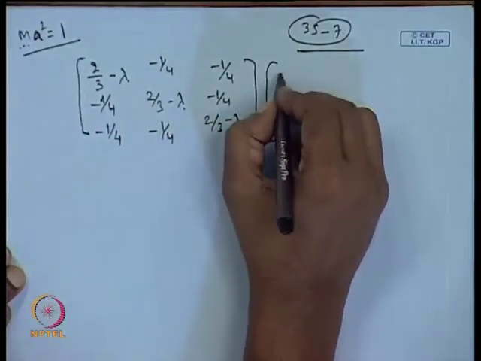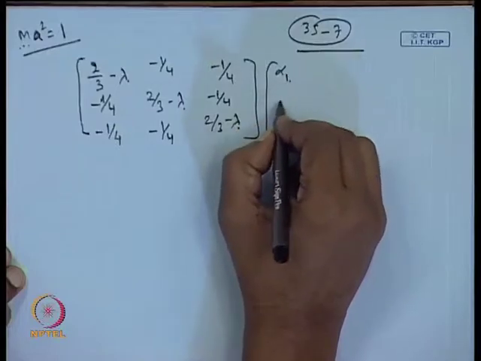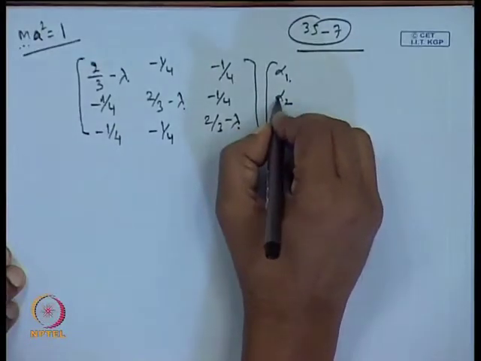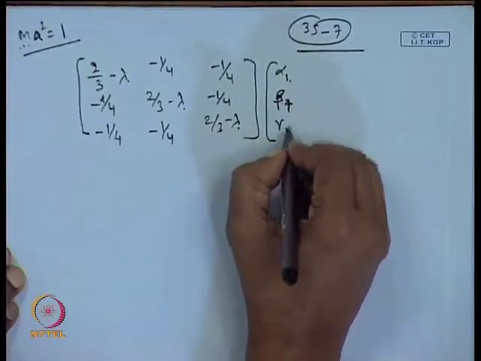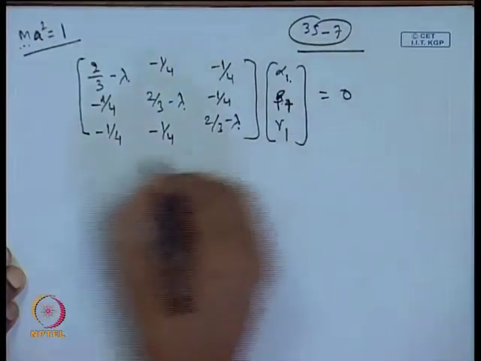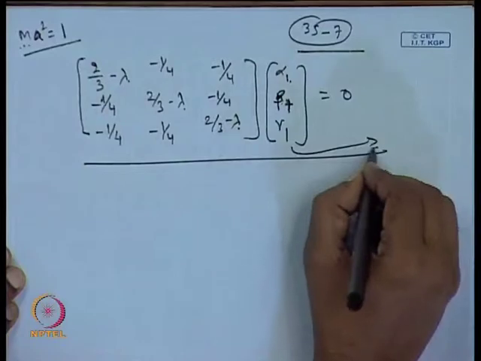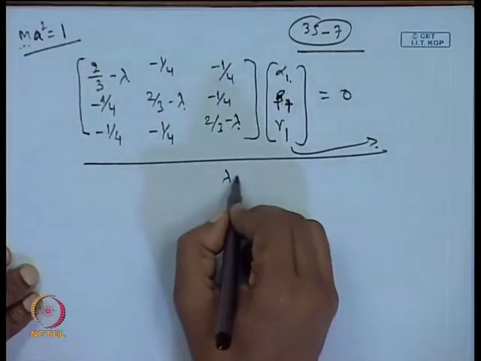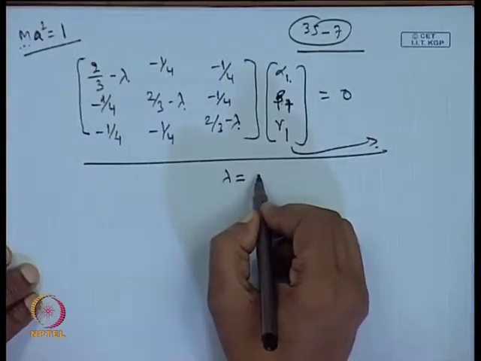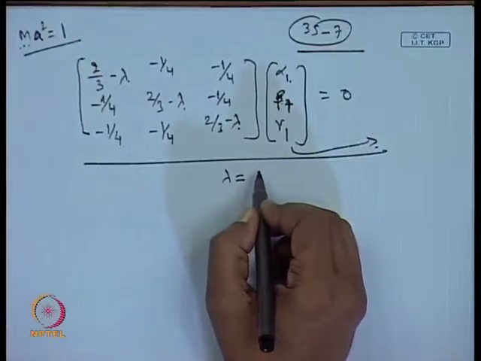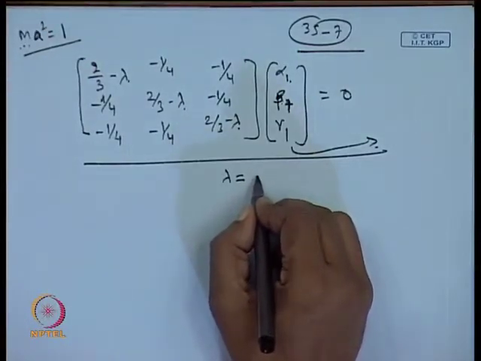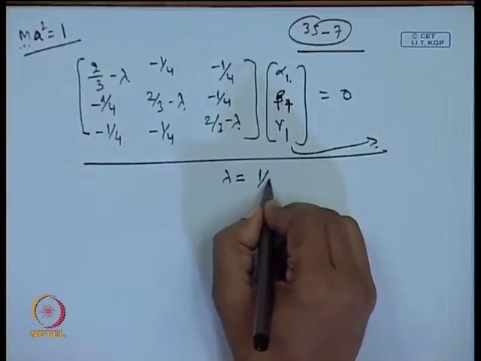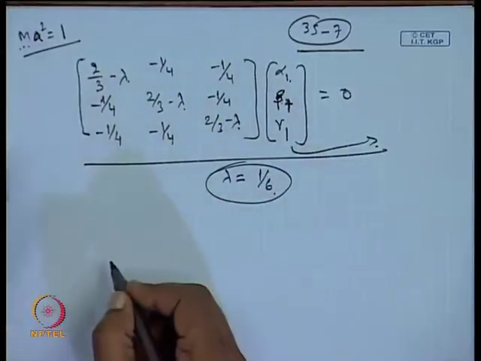Okay. And let us say alpha 1, beta 1 and gamma 1, these are the 3 components of the eigenvector corresponding to lambda equal to, the first one we can take as 1/6.